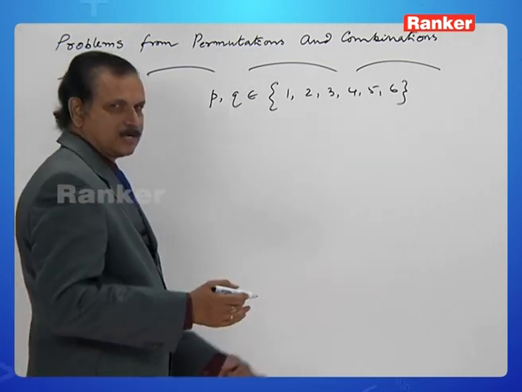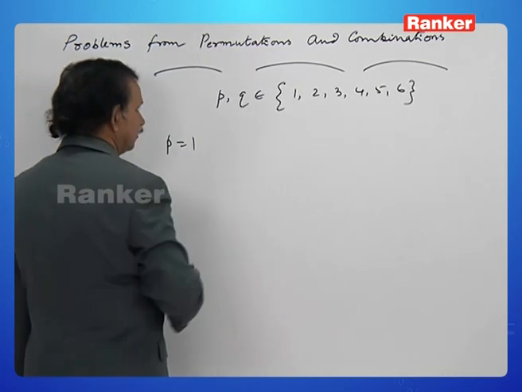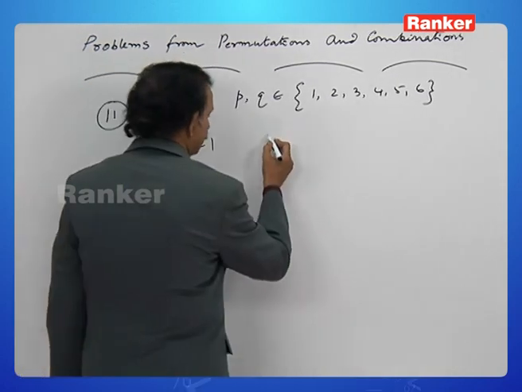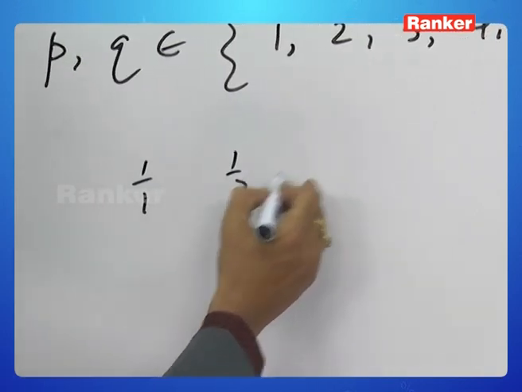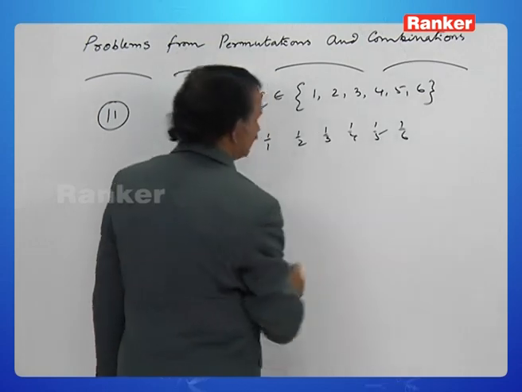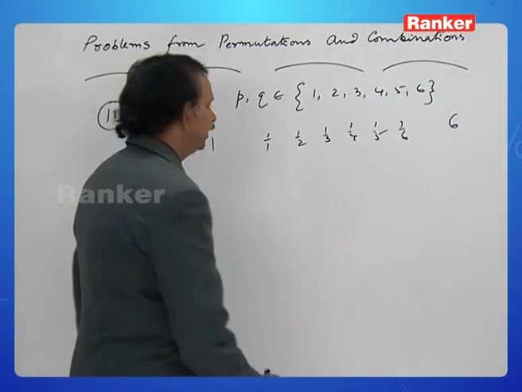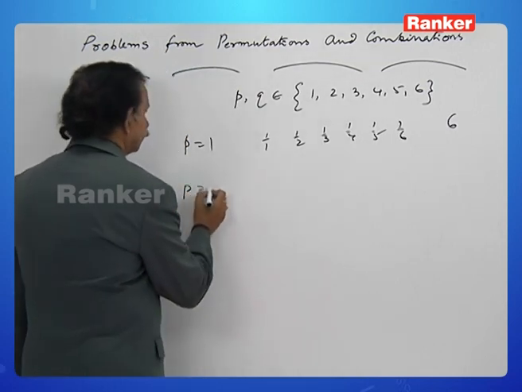Let us observe, there are 6 cases possible. P is equal to 1. What are the possible rational numbers? 1 by 1, 1 by 2, 1 by 3, 1 by 4, 1 by 5, 1 by 6. How many such things are there? 6.